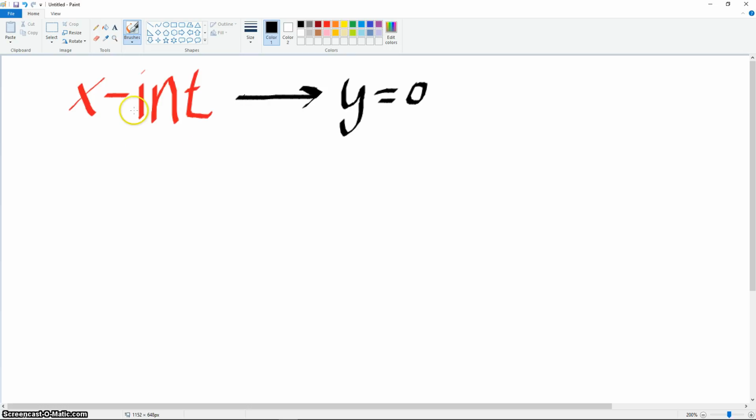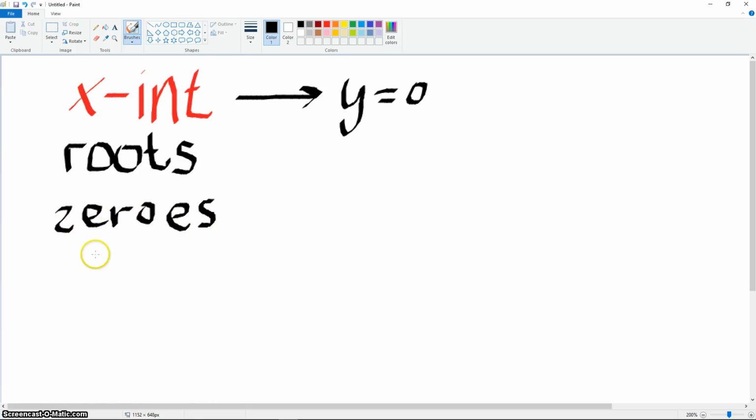But anyways, the x-intercept has synonymous words. Whenever you see the words x-intercepts, you also may run across the word roots. You also may run across the word zeros.